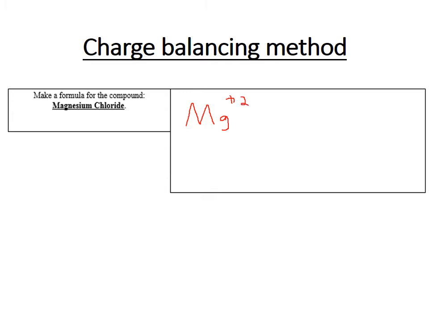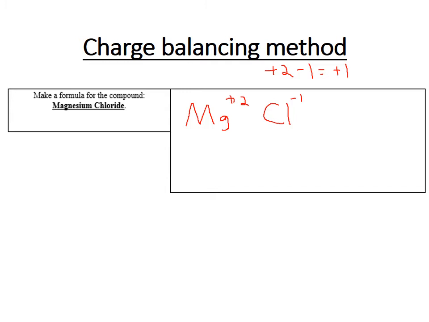And then I'm going to put the chloride ion, minus 1. So you look at the overall charge if these two are side by side, plus 2 and minus 1. If you do plus 2 minus 1, that's plus 1.